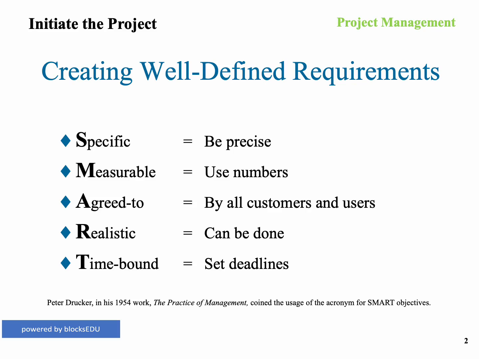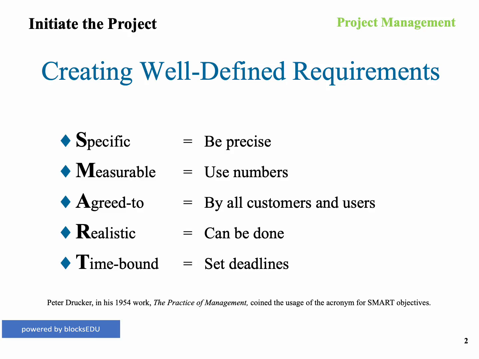So now we have a better qualifier of what user-friendly means. The system must be voice-activated, it must understand 14 different languages, and it must have a response time of 0.001. So that's much more of a specific, measurable, agreed-to, realistic, and time-bounded product requirement than saying it should just be user-friendly.